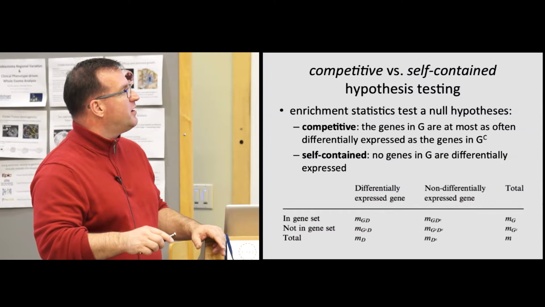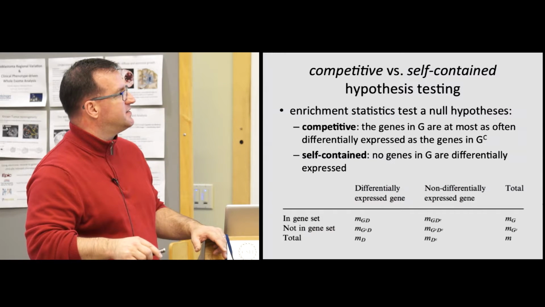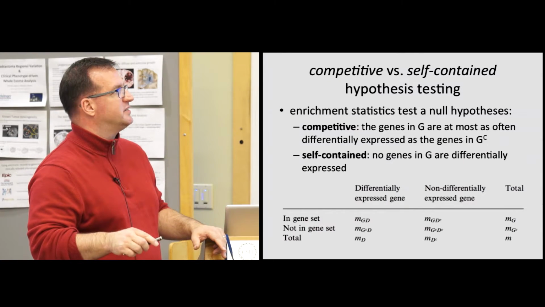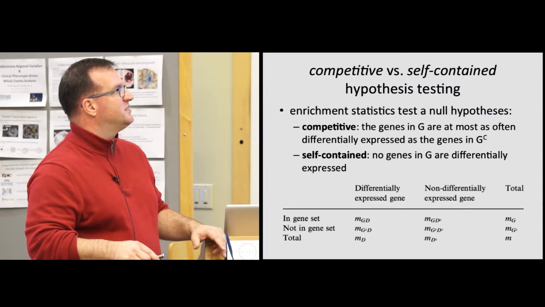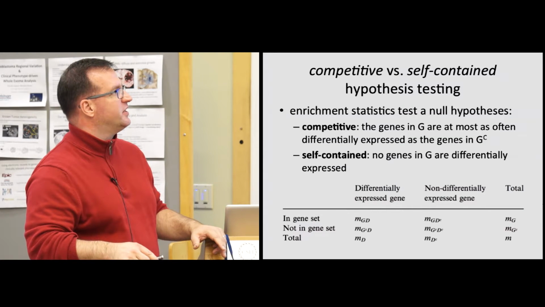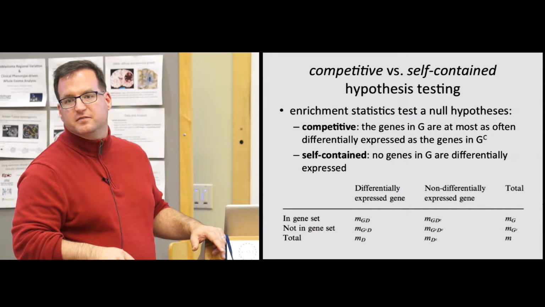We're saying that the null hypothesis is that the genes that are in the set are as often differentially expressed as the genes that are outside of the set. So the C here is the complement. Genes are in the set, genes that are outside of the set. And we're saying that essentially this frequency of differential expression is just as high as it is outside of the set.